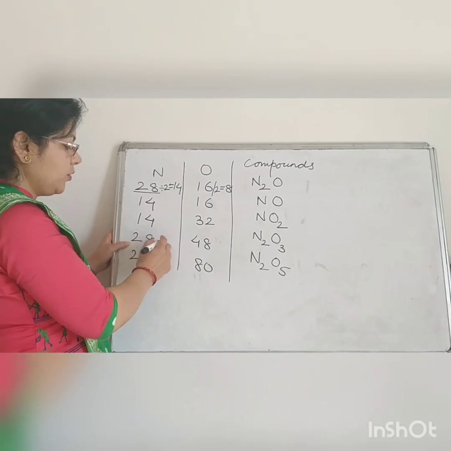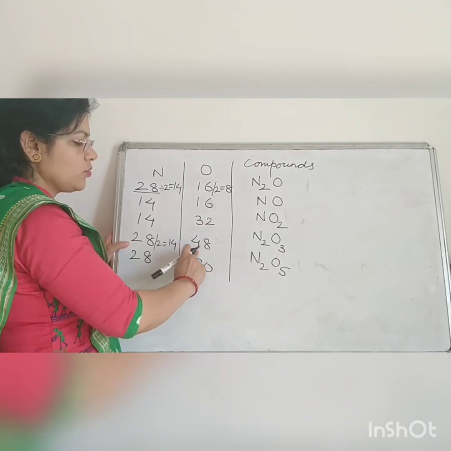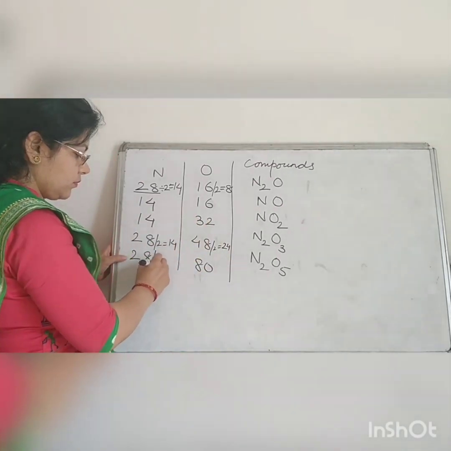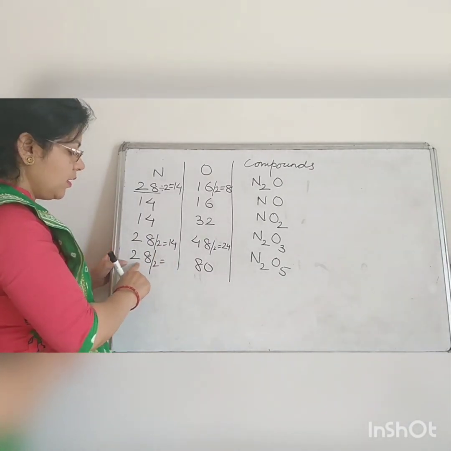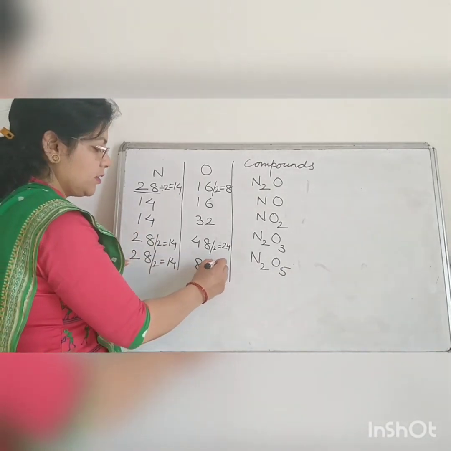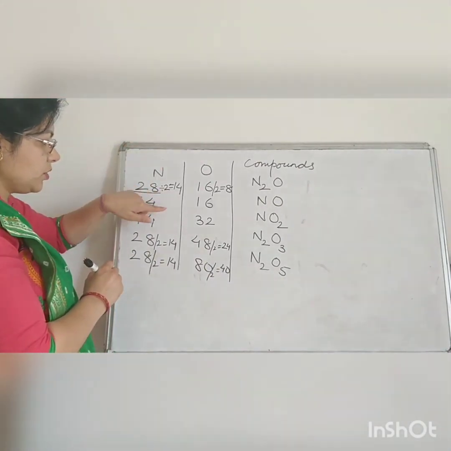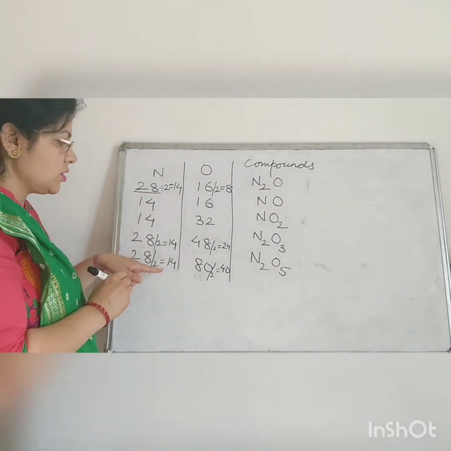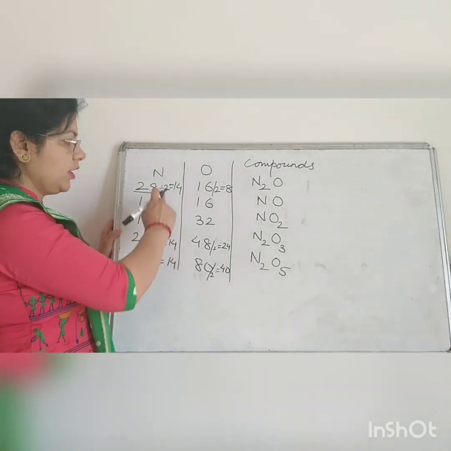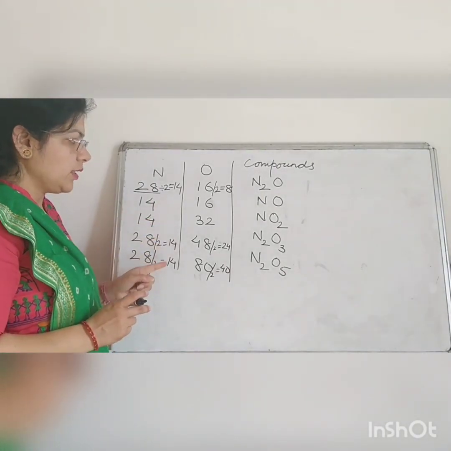Dividing this mass by 2, we get 14. Also we divide the mass of oxygen by 2, we get 24. Here also we divide the mass of nitrogen by 2, 14 grams. Also dividing by 2, we get 40 grams. Now the mass of nitrogen in each compound is fixed, that is 14, 14, 14, 14, 14. In each compound, the mass of nitrogen is fixed, that is 14 grams.